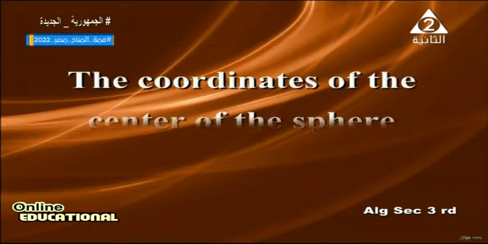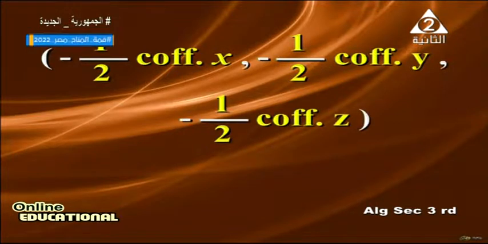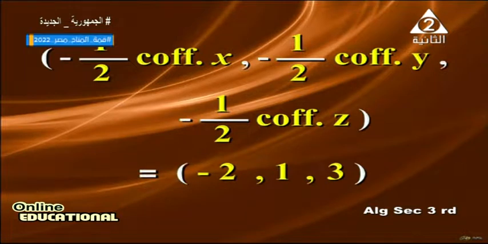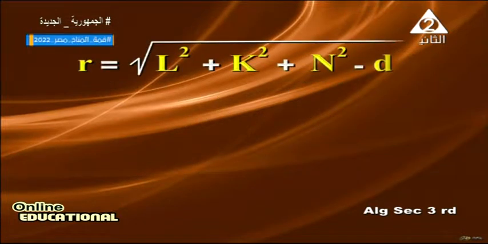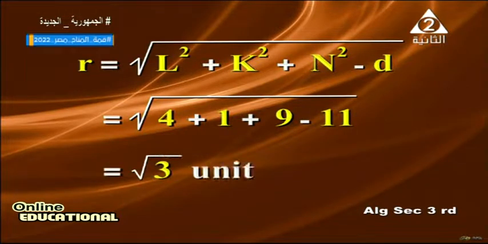The center is (-2, 1, 3), as we found. The radius equals square root of 4 plus 1 plus 9, which is 14, minus 11, so root 3 units.